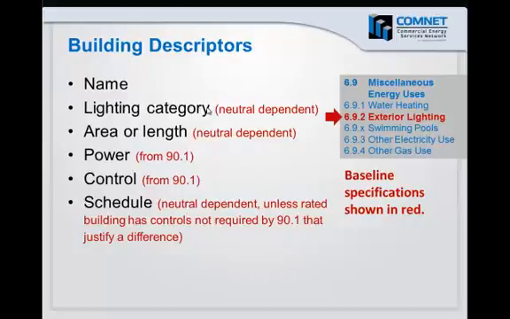The schedule is also the same, neutral dependent, unless the rated building has some type of control that's not already required by 90.1, and the justification can be made for some type of adjustment in the schedule. One of the things we've done in COMNET is we've developed some default schedules for exterior lighting, which are not in the 90.1 or the 90.1 user's manual.